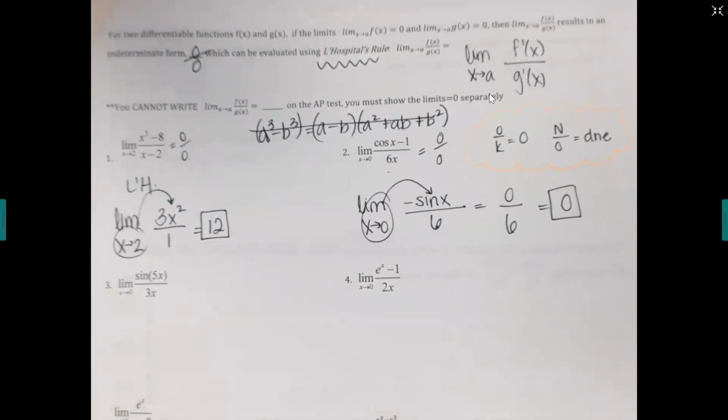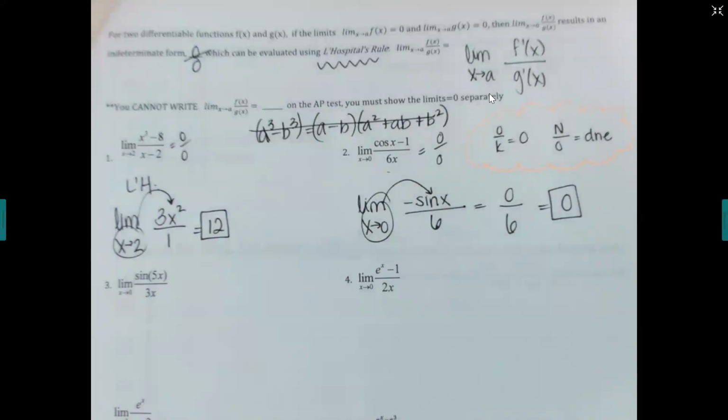Okay, see if you can do the bottom half of that page. You can do it. Yes, you can. So what would the derivative of sine of 5x be? Sine goes to cosine, keep the 5x the same, but then you have to times by the derivative of 5x.